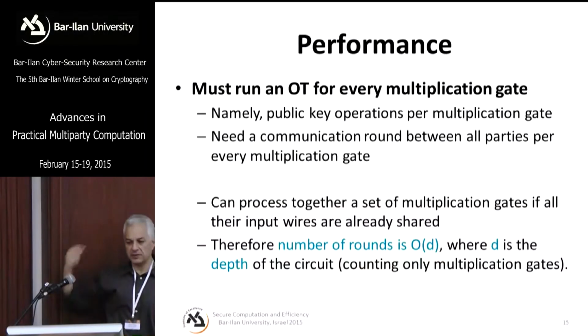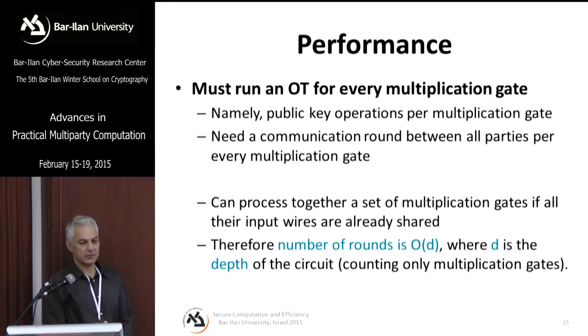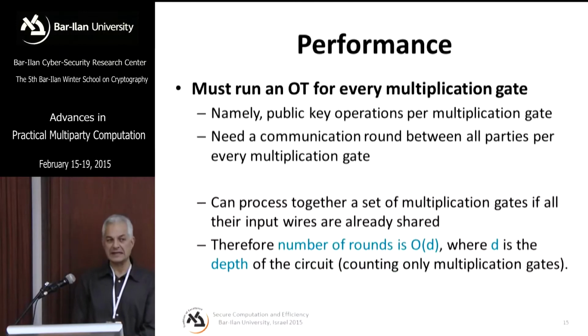What about performance? So the parties must run an Oblivious transfer for every multiplication gate. Moreover, each pair of parties, so about n squared over 2 pairs of parties, have to do Oblivious transfer for every multiplication gate. Now, the implementation of Oblivious transfer that we saw in the morning used public key operations, so this is quite a lot.